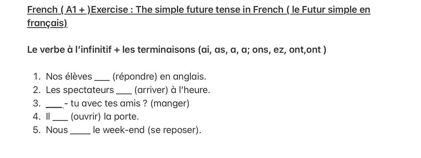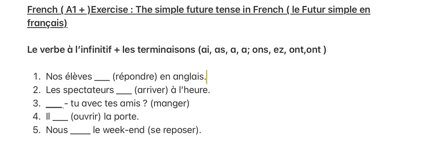Nos élèves tiraient en anglais. The verb in the brackets is répondre, which means to answer. So, the sentence is, our students dash in English. Now, since we are discussing the simple future tense, we get an idea about the meaning of the sentence.